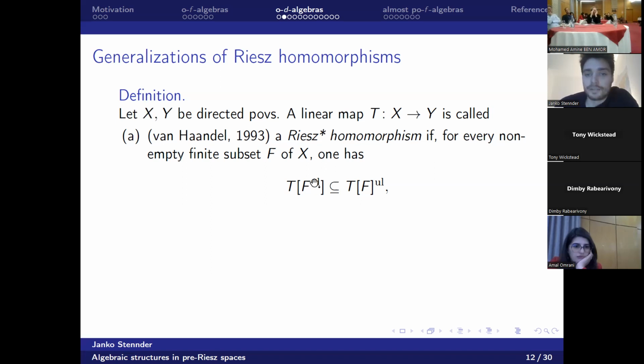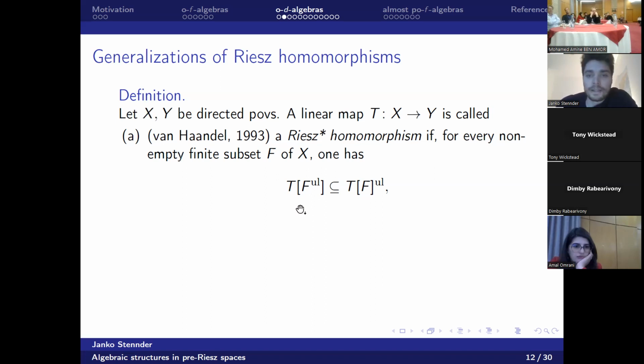So F^{UL} is just the set of all lower bounds of all the upper bounds of F. So it's not really a definition which you want to work with. It's kind of complicated, but I'll show you a very much nicer characterization of Riesz-star homomorphisms when we switch to the setting of pre-Riesz spaces.